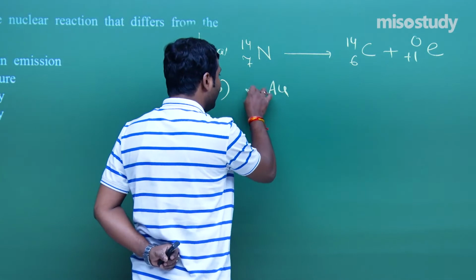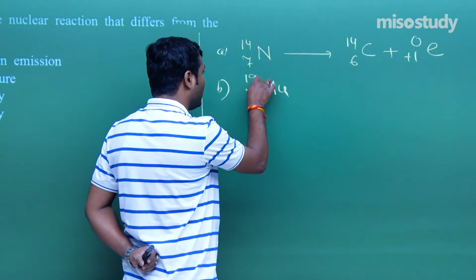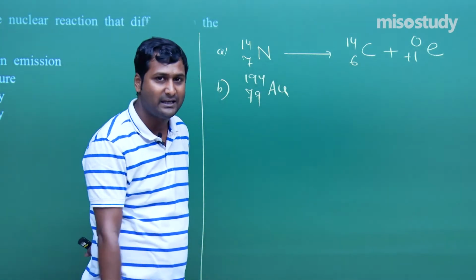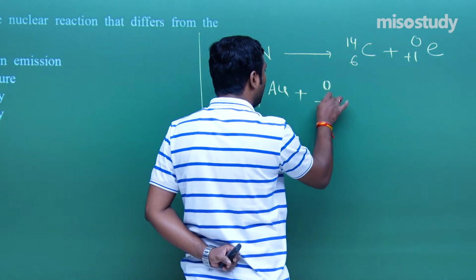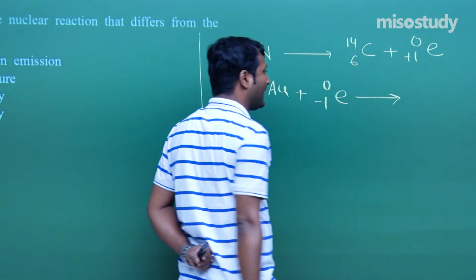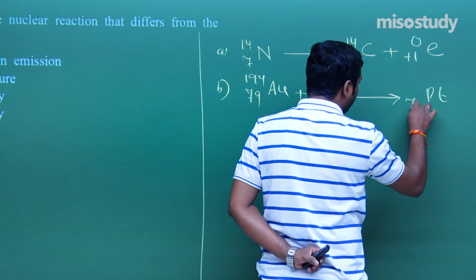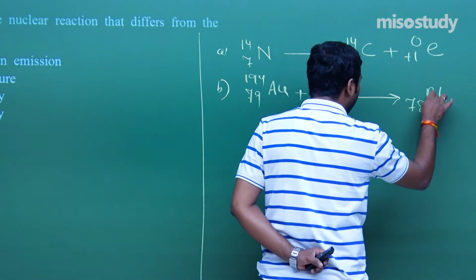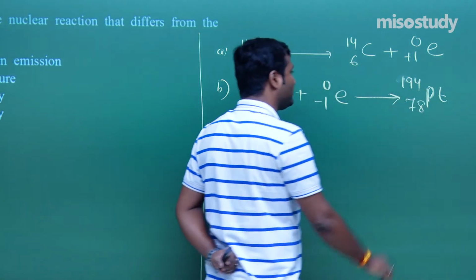Au is gold, having atomic number 79 and mass number 194. Is it clear? Yes, sir. Now if a K capture takes place, 0 -1 e, this is the K capture, friend. What will happen? It will be converted to Pt, that is platinum, and it has mass number 194.